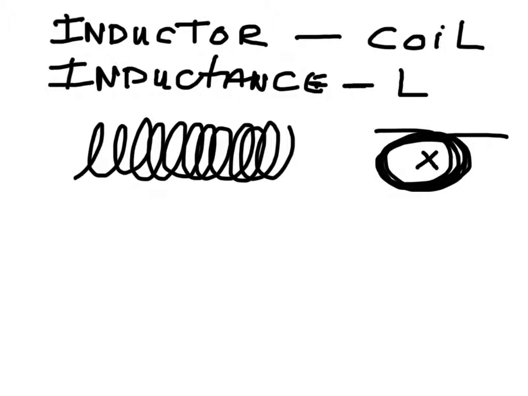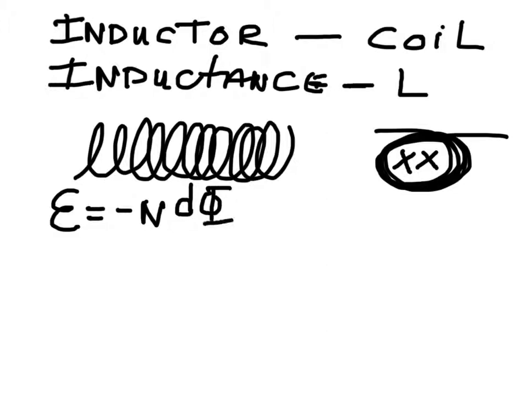And if we start with zero current and we have an increasing current, then what we have is an increasing flux. And we know from Faraday's law that an increasing flux results in an induced EMF.